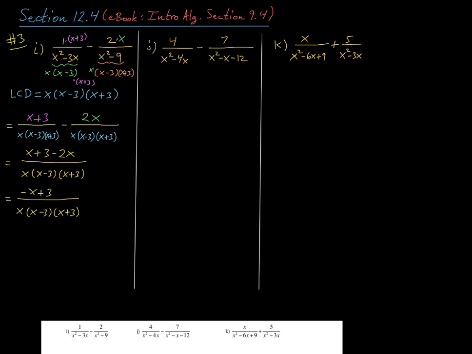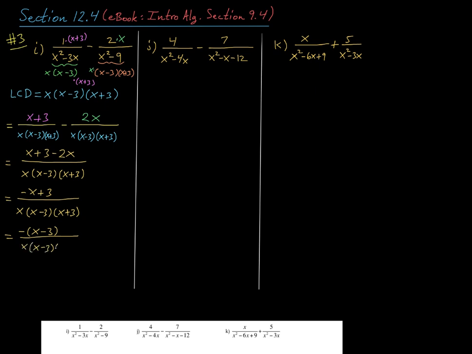And now be careful here. Notice there's a negative x and a positive 3, and if I factor that negative out in the numerator, that's going to leave us with an x minus a 3. It's going to change the sign of each of those terms up in the numerator.